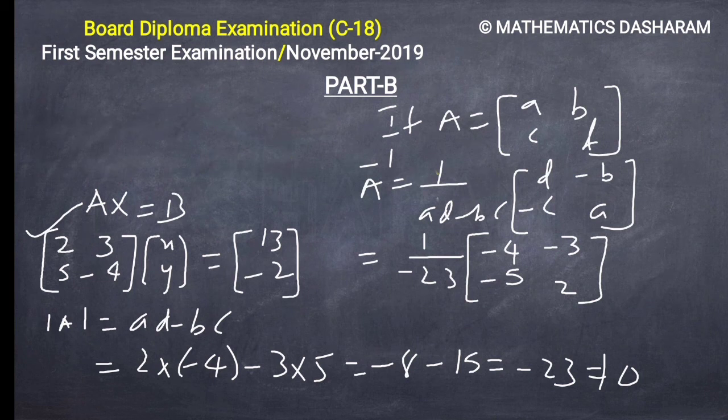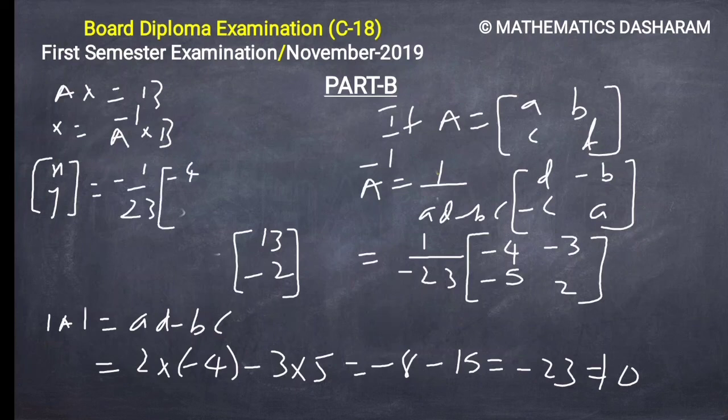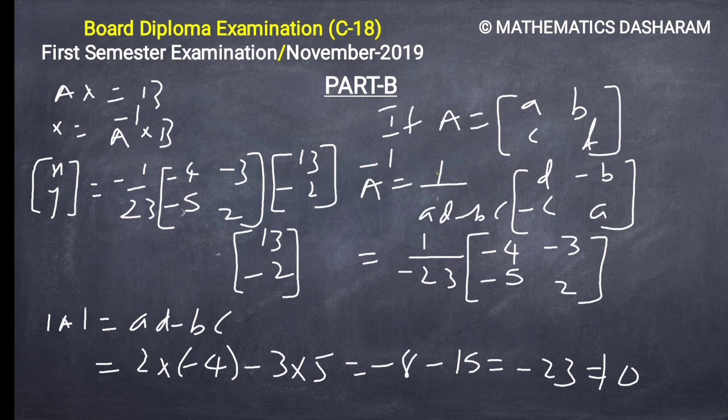So actually the matrix notation form is Ax equals B. From this, x equals A inverse into B. X means the variable matrix, so that is x, y. A inverse is minus 1 by 23 into minus 4, minus 3, minus 5, 2, multiplied with the B matrix, that is 13, minus 2.